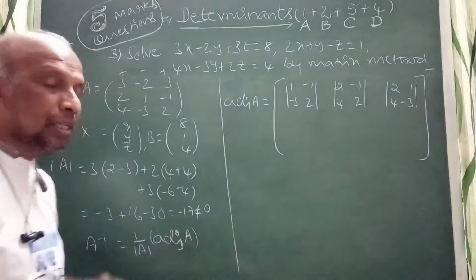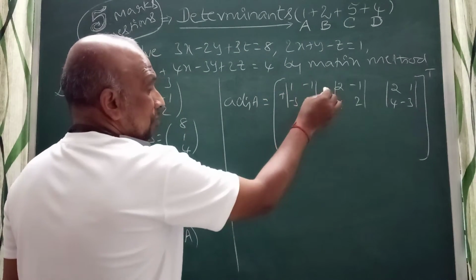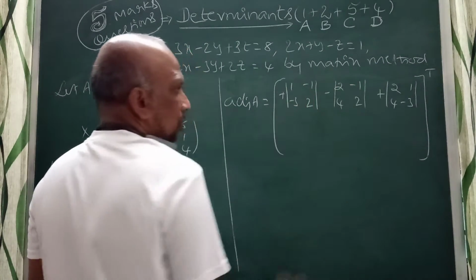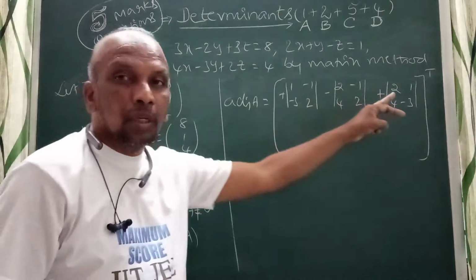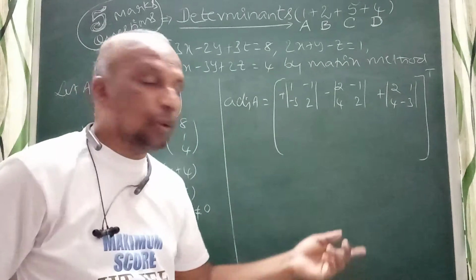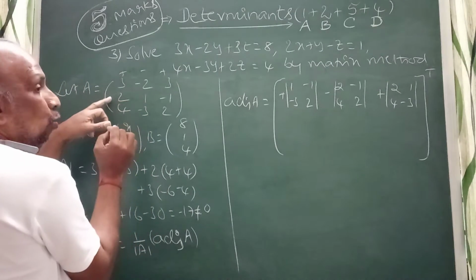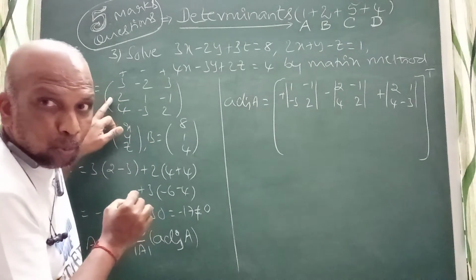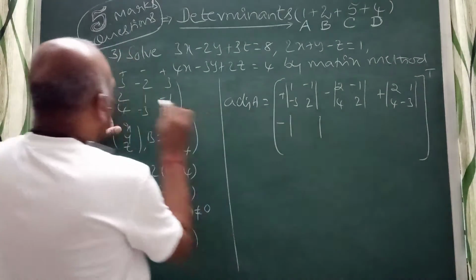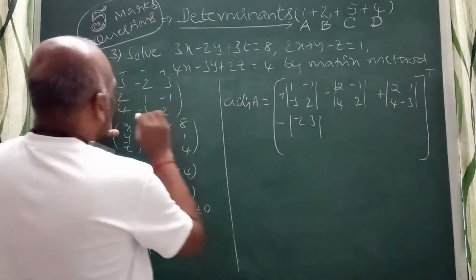But here you can see this is A11, so plus, then A12. If the sum of the suffix is an odd number, it means negative. This is the sign pattern plus minus plus, minus plus minus, for cofactors. Without the plus or minus, if you write, that will be the minor. Multiply with the corresponding sign. Now coming to A21, position 2 plus 1 is 3, odd number, so minus, again the determinant of, leave this row and this column, minus 2 3, minus 3 2.